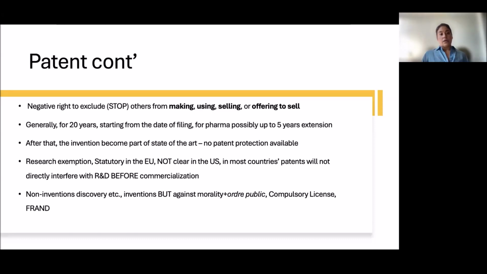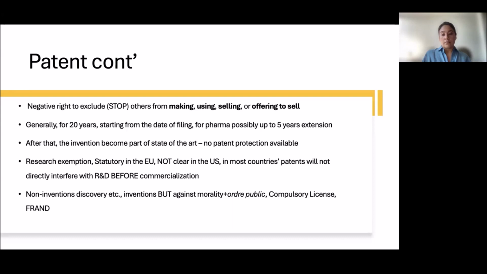As I said earlier, it's a negative right. A patent is a negative right. It's a monopoly of selling, using, making, offering to sell this specific invention that you describe in the patent application. And it is used to create a market entry barrier against your competitors.